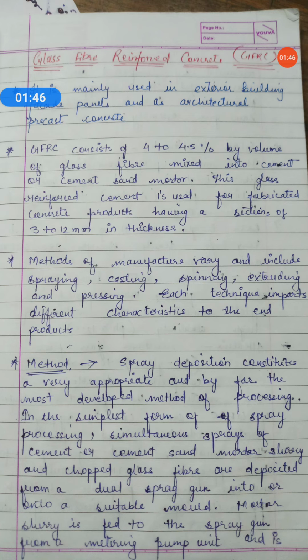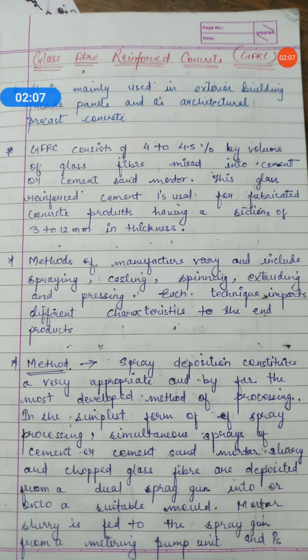The third point, methods of manufacture vary and include spraying, casting, spinning, extruding and pressing. Each technique imparts different characteristics to the end product.